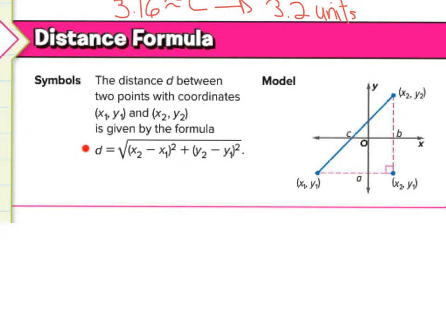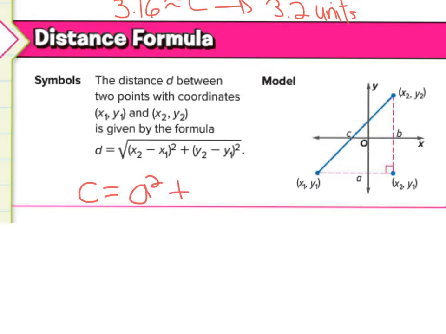Okay, so essentially it's really no different than what we've been doing. If I could remind you that our d would be our c squared, but now it's only c because we're already square rooting this side. And our x2 minus x1 squared is our a squared, isn't it?